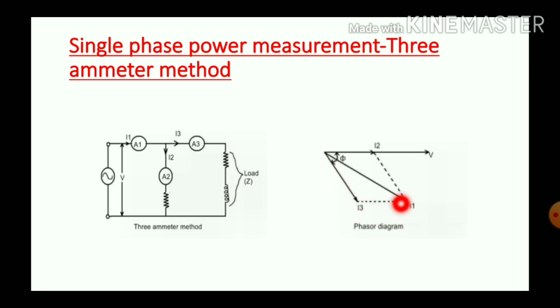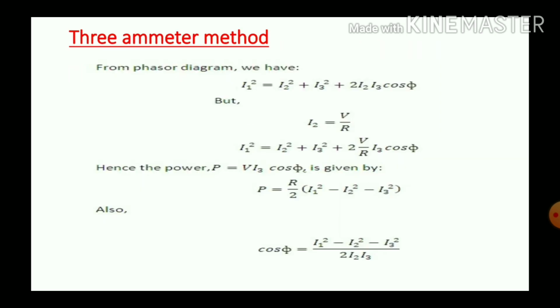And the supply current or input current I1 is the vector sum of I2 and I3. And from this phasor diagram, I1 square equals I2 square plus I3 square plus 2 I2 I3 cos phi. Here I2 is the current flowing through the pure resistor.